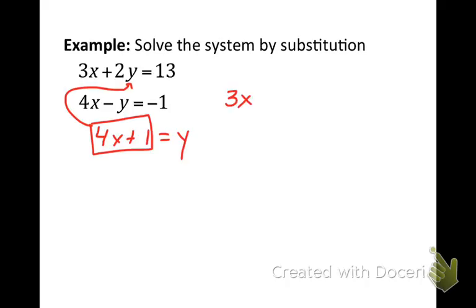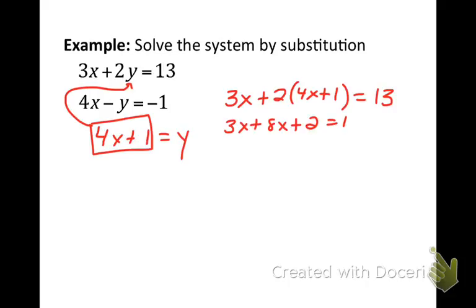So we get 3x plus 2 times 4x plus 1 equals 13. Distributing, 3x plus 8x plus 2 equals 13. Combining like terms, 11x plus 2 equals 13. 11x equals 11. x is equal to 1. So what's my y going to be if x is 1? 5. 5, good.